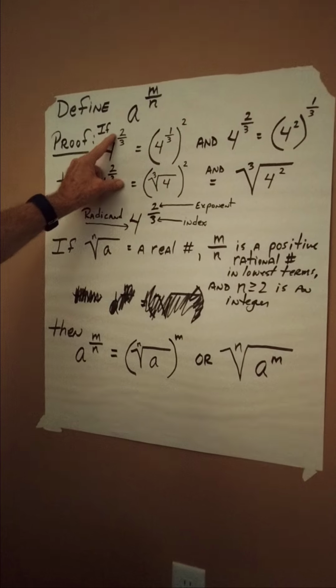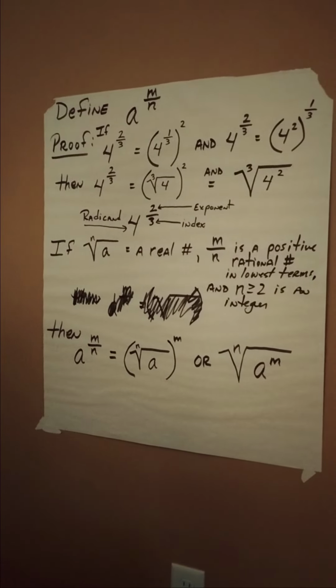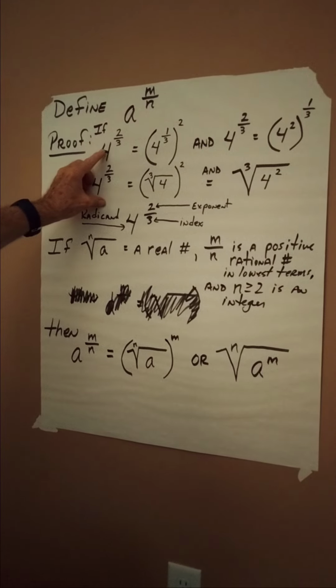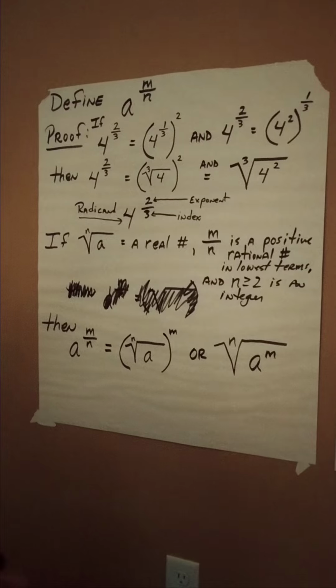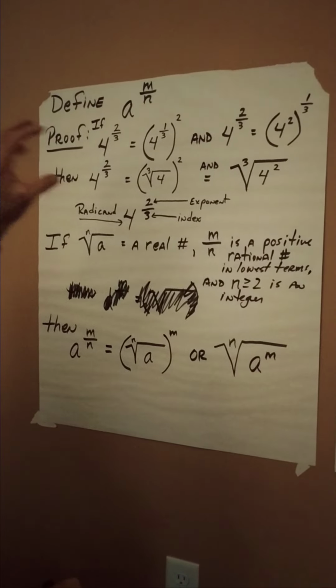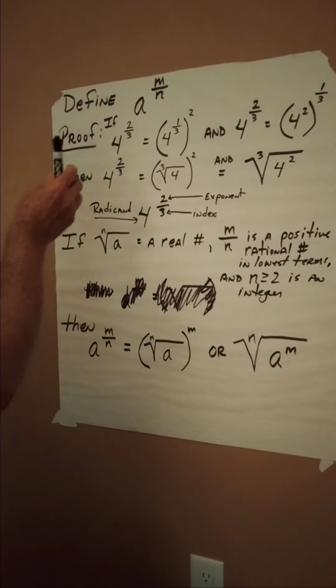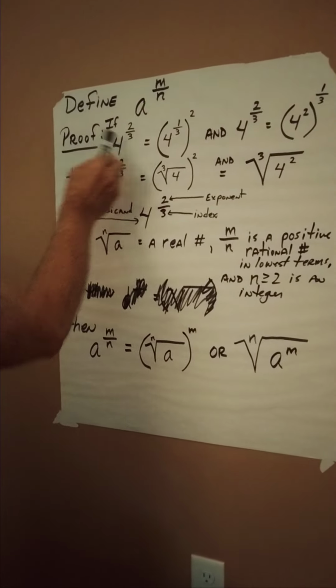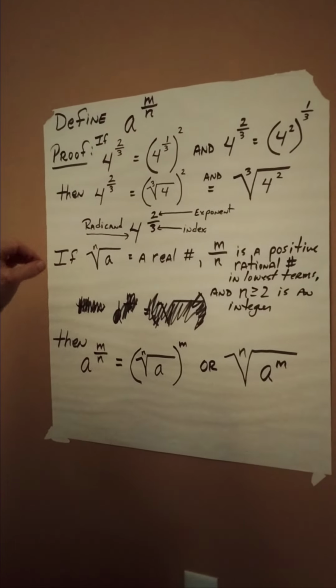Let's look at an example of an exponential expression that fits the one that we're going to define: 4 to the 2/3. What does that mean, so that we can prove a statement that will lead us to a rule? 4 to the 2/3 can be rewritten in one of two ways.